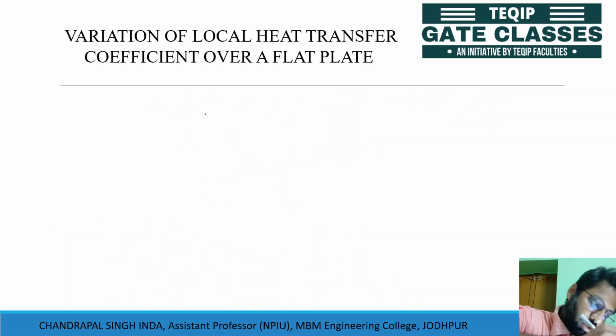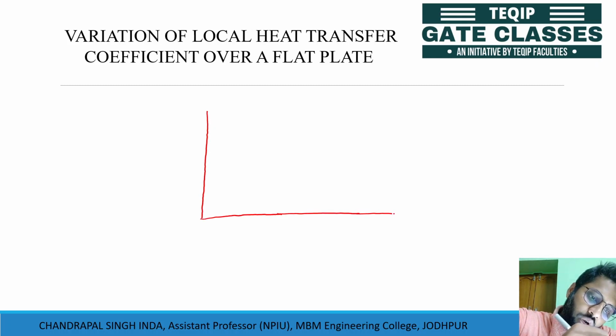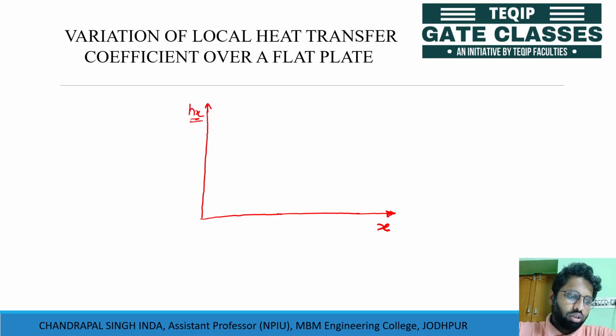So for this, to find how the value of the local convective heat transfer coefficient varies over the flat plate length, this is the x direction. In the x direction we are considering the length of the plate, and in the y direction this is the local convective heat transfer coefficient. So for the laminar flow, we have hx proportional to x power minus 1 by 2.